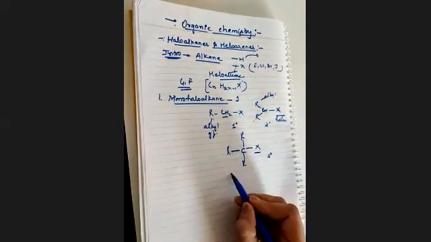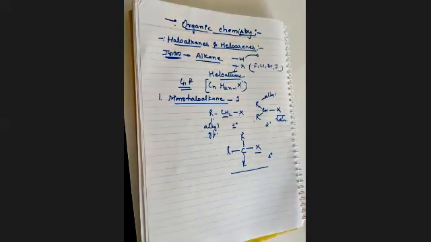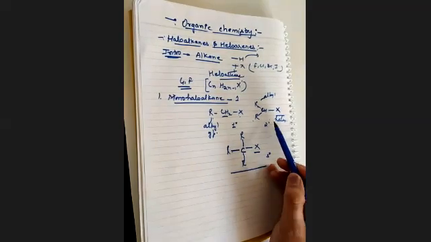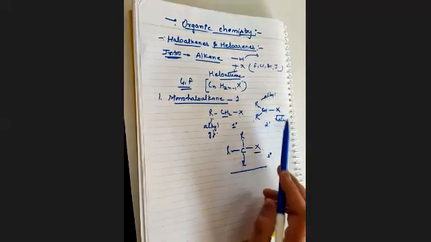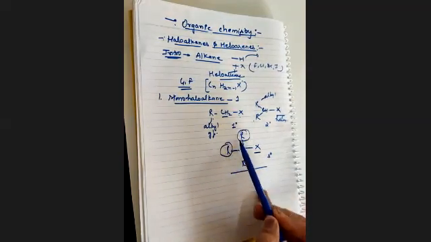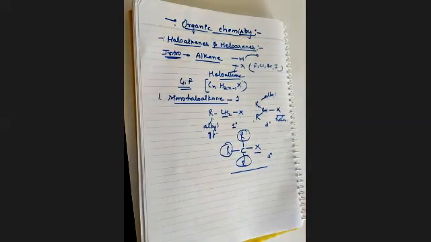All these categories come in monohaloalkanes, where your central carbon atom is attached with a halide as well as with these alkyl groups. And these alkyl groups can be any alkane. It can be methane, ethane, propane, butane. It can be anything. Okay.